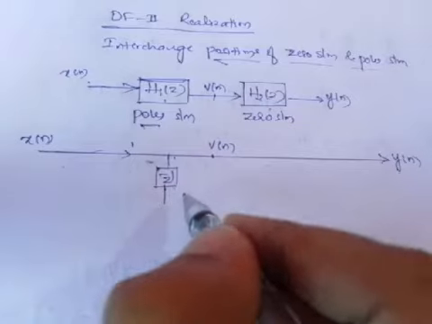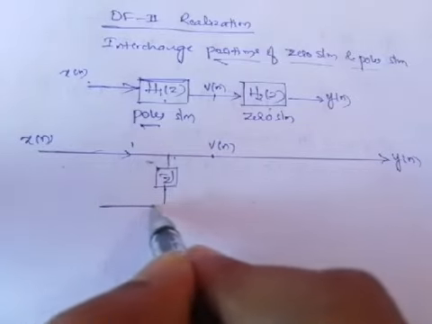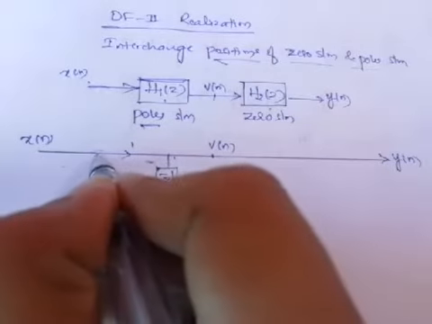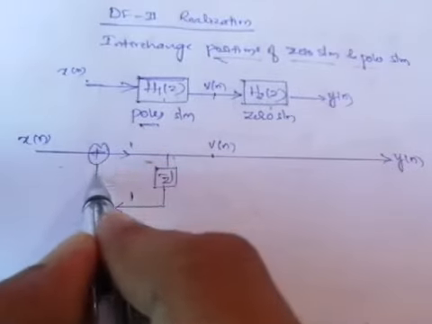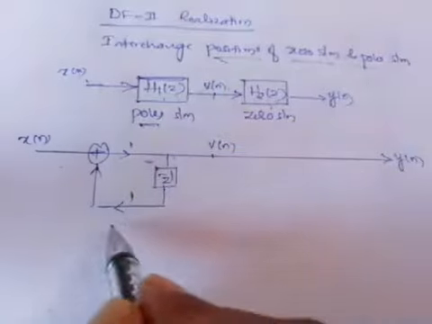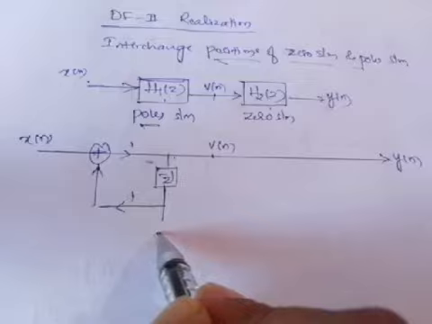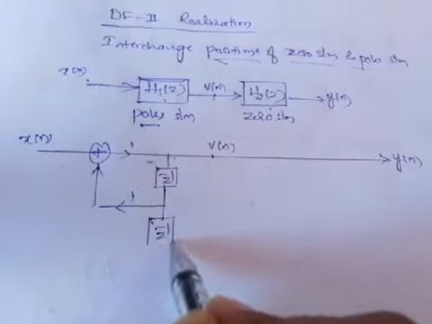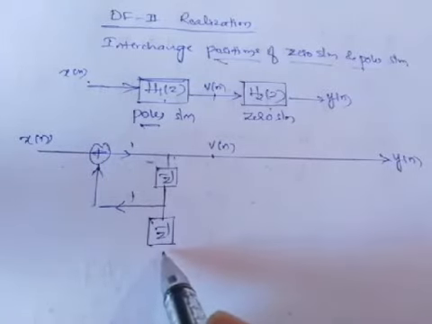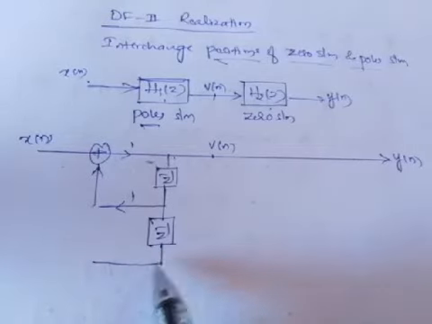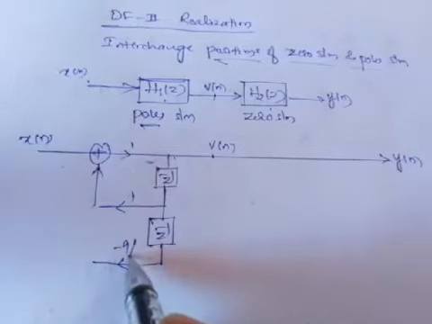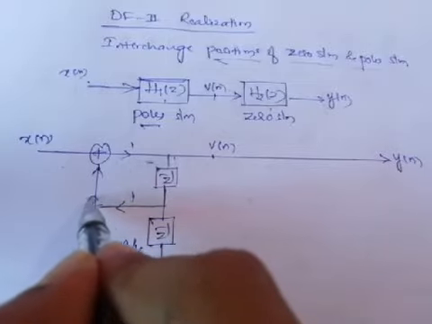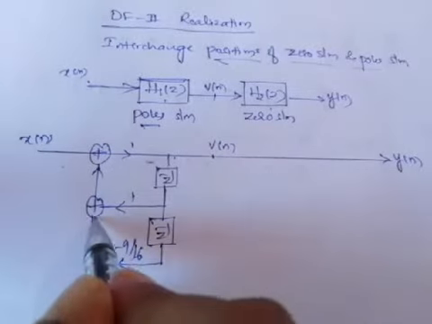The coefficient term is minus 1, take plus 1, add with the previous result. Next, second time delay. The coefficient term is plus 9 by 16, take minus 9 by 16, add with the previous operation.